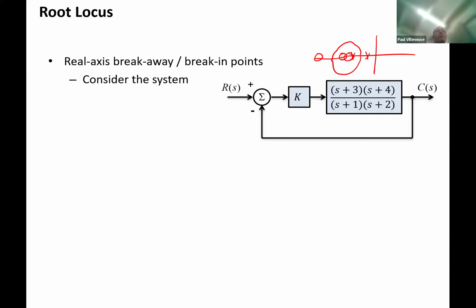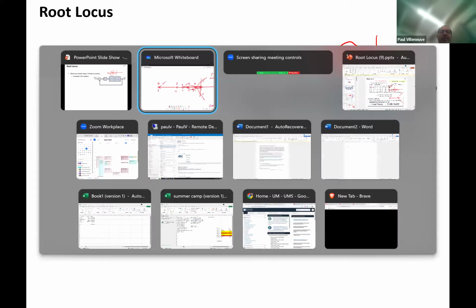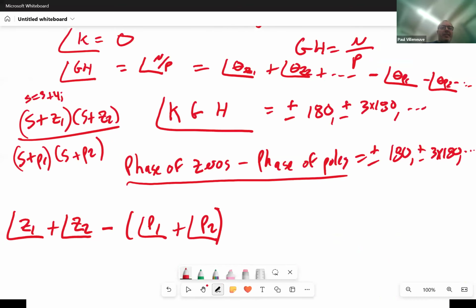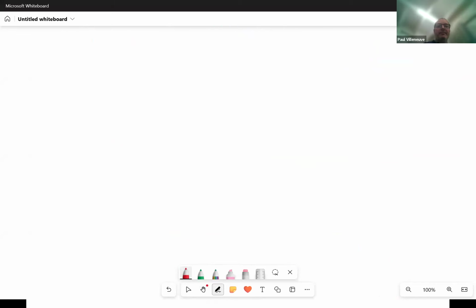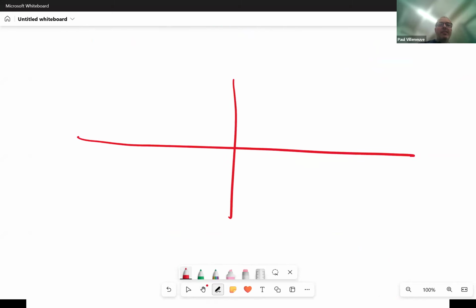And again, there's no root locus that lives there because it's not to the left of an odd. Actually, let's do it over here on a bigger screen, if you will. So X, 0, and 0. 1, 2, 3, 4.